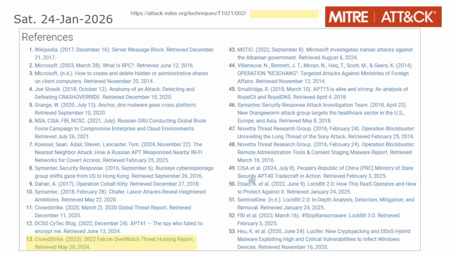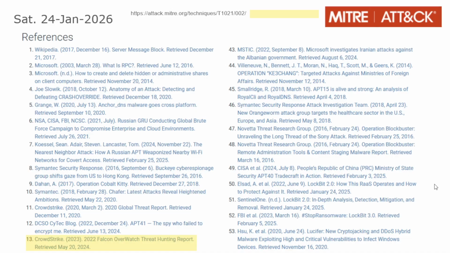Then you have from the CISA, fairly recent, People's Republic of China, Ministry of State Security, APT 40, Tradecraft in action. Yeah, so it's always a little bit not too interesting for me to read US agencies writing about China.